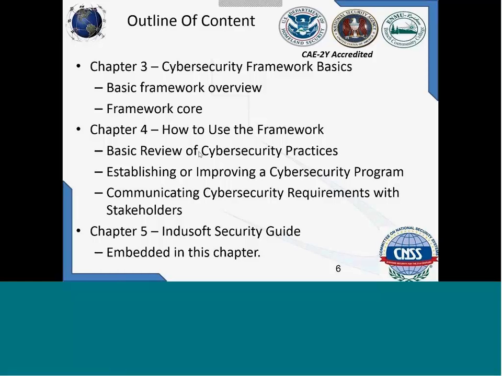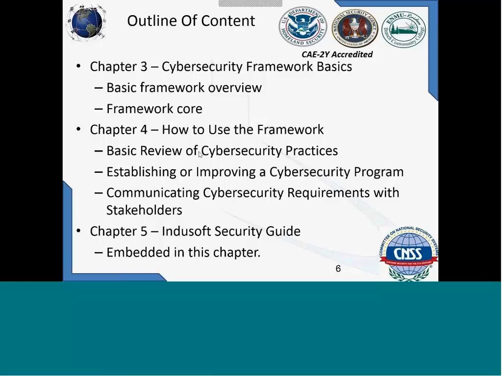And then in Chapter 4, the purpose of that chapter is to look at how an organization can use the framework as a key part or an enabler of its current processes for identifying, assessing, and managing cybersecurity risk.